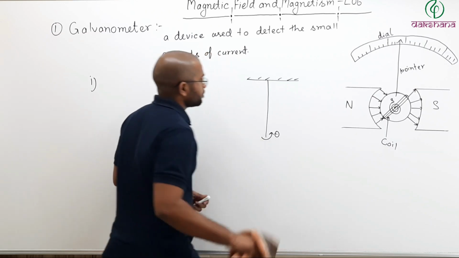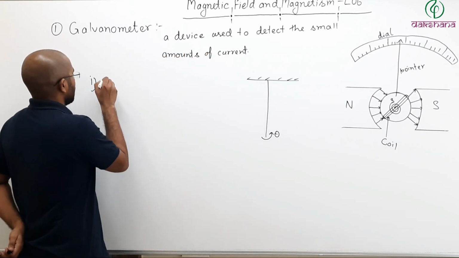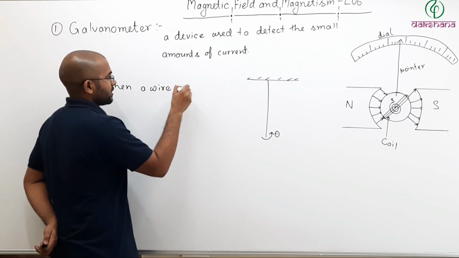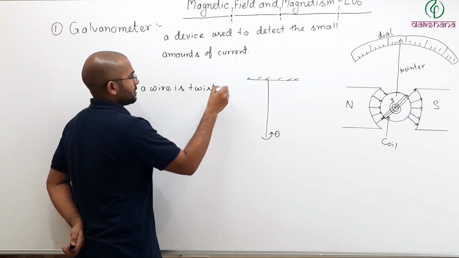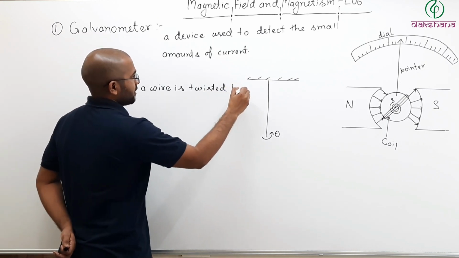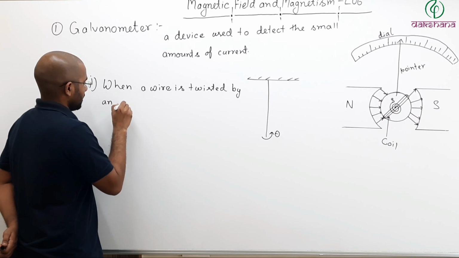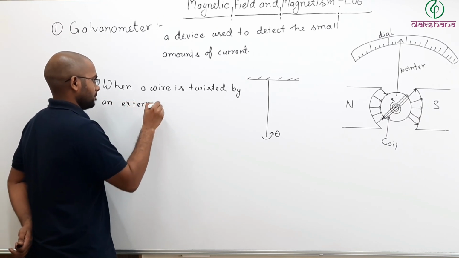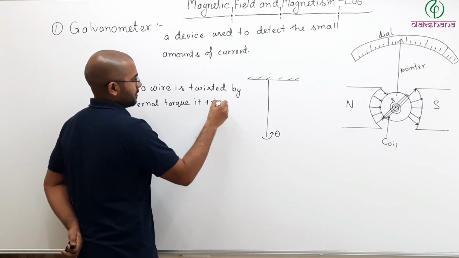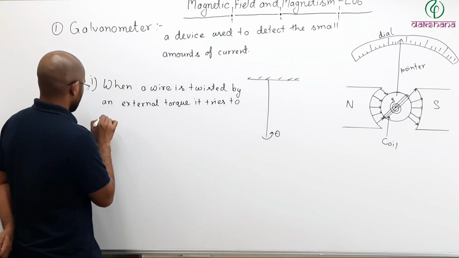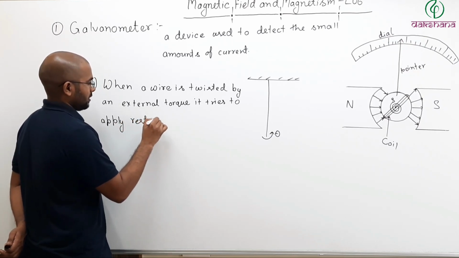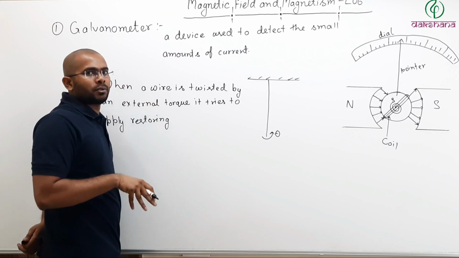So what we can say here, when a wire is twisted, this you must have studied in the properties of matter chapter, but still, when a wire is twisted by an external torque, it tries to apply a restoring torque because it wants to go back to its original position.